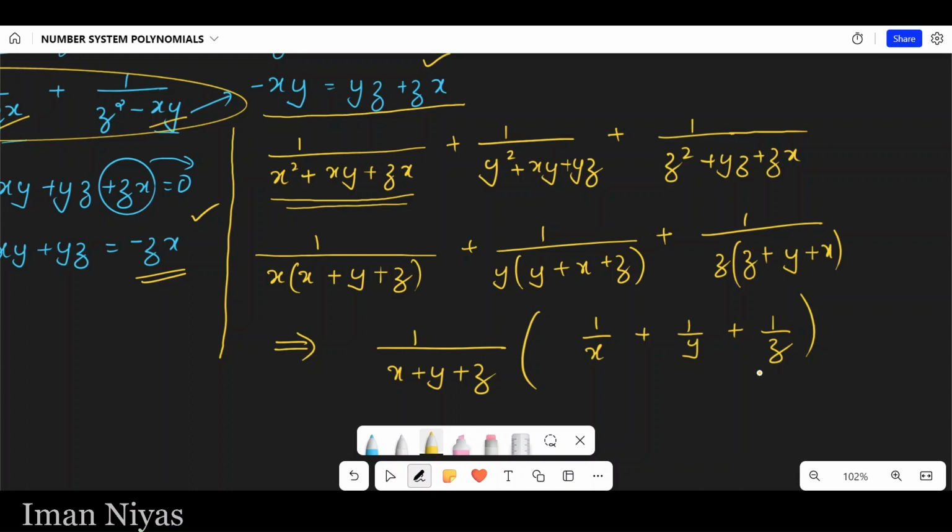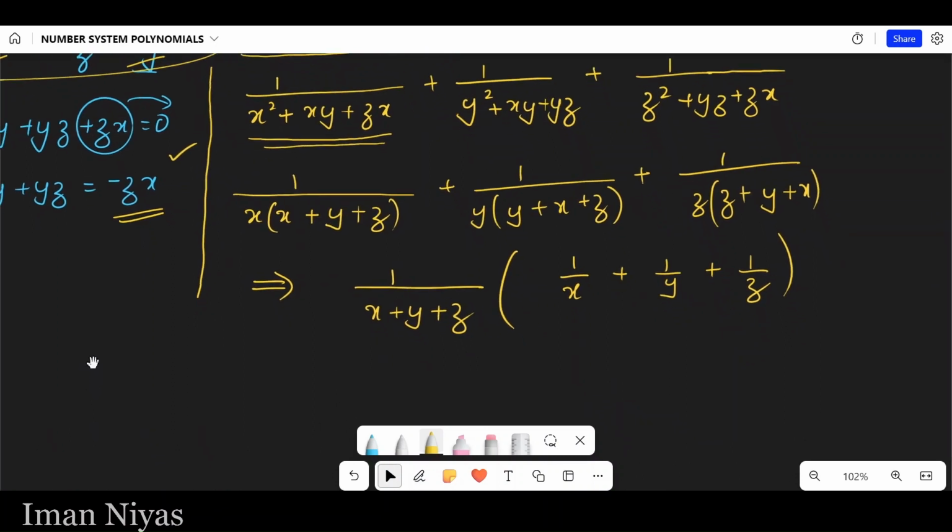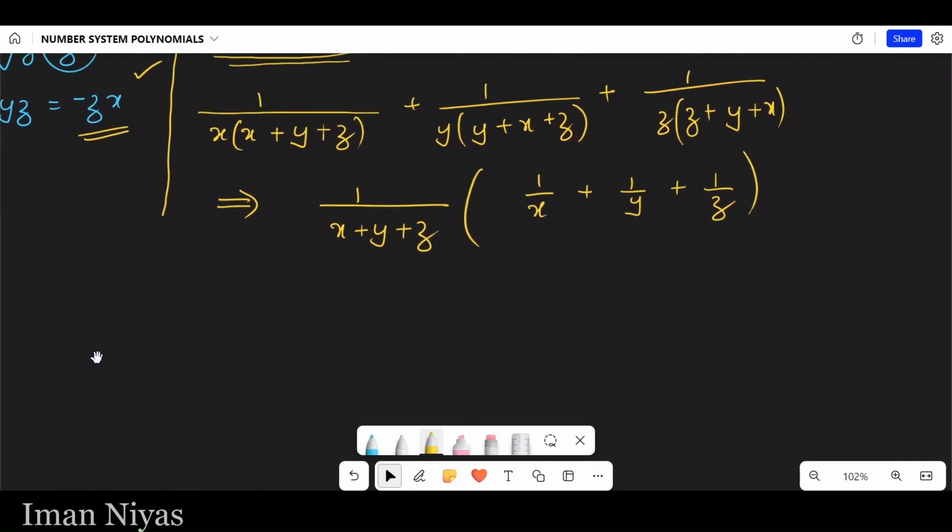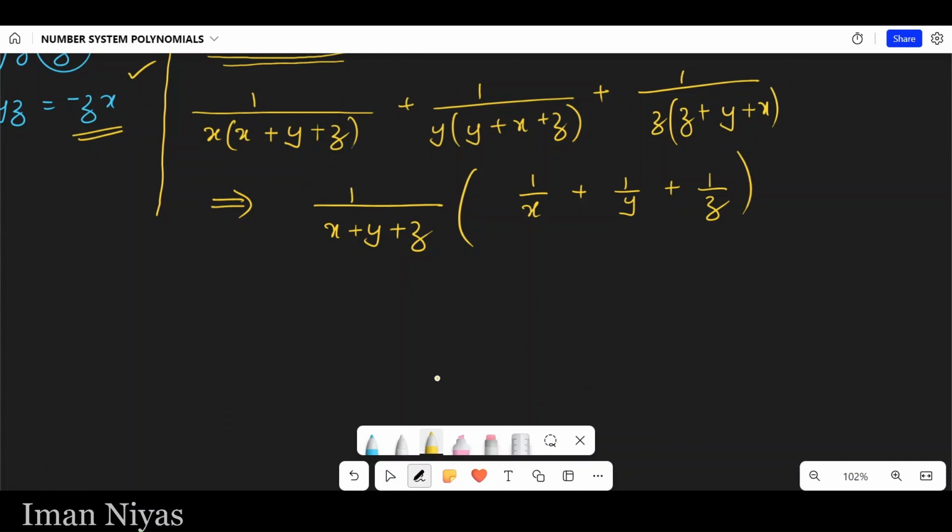So once you have this, how can we do the rest? Can we take the LCM of this inside the bracket? Yeah, so let's do that. Once we take the LCM, you will be clear how to do the rest. Outside the bracket it will be x plus y plus z.